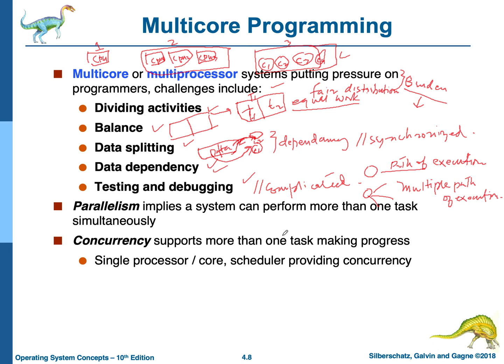So in multi-core and multi-thread programming, testing and debugging is much more complicated, because it has multiple paths of execution.